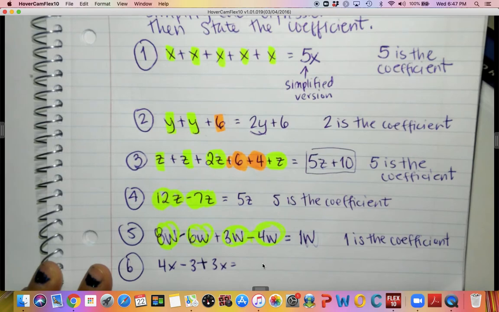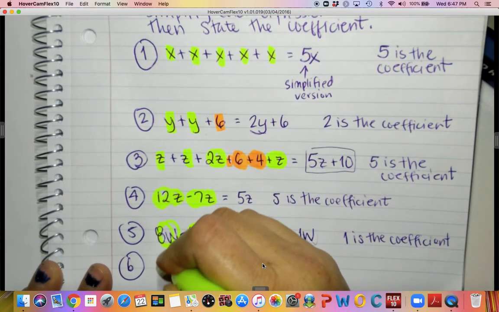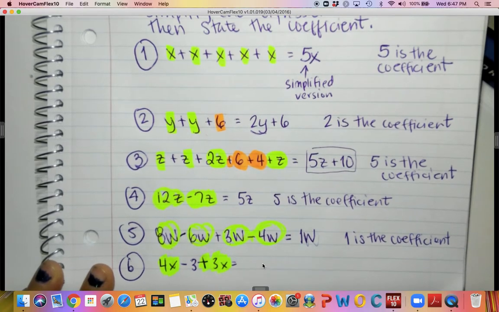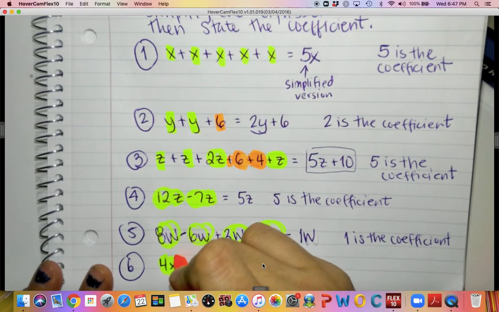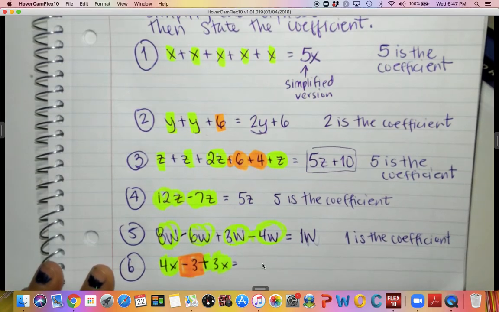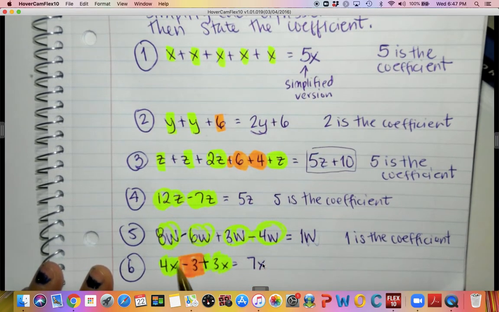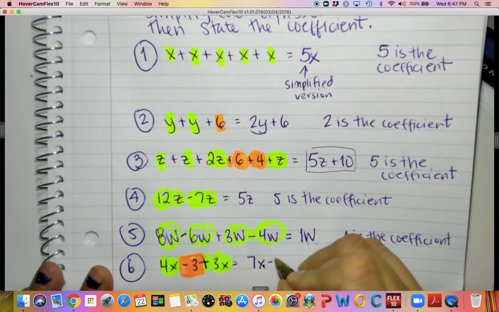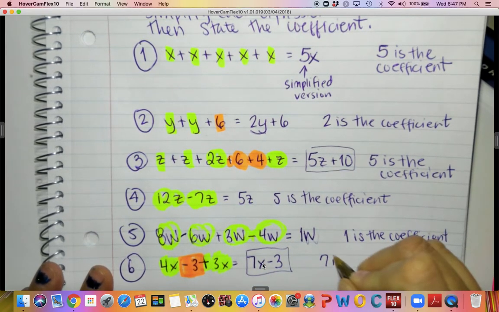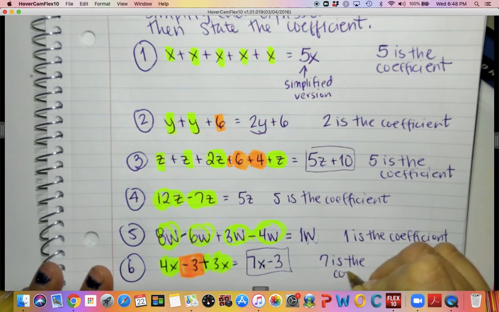So I'm going to find my x's, and this plus sign goes with the 3x. It's a positive. And then this minus sign or negative sign goes with the 3. That's important to note. It all goes together. So I have a 4x and a positive 3x, so I add them together. That gives me 7x. And then this minus 3 has to move over. Minus 3. And that is our simplified version. 7 is the coefficient.